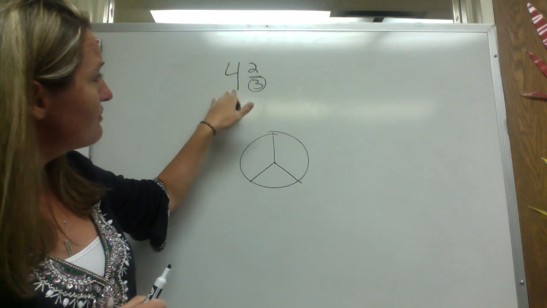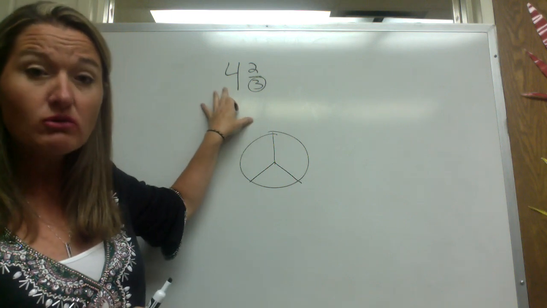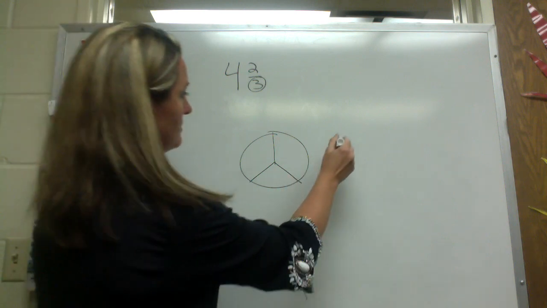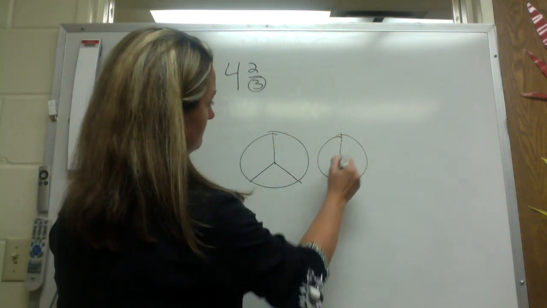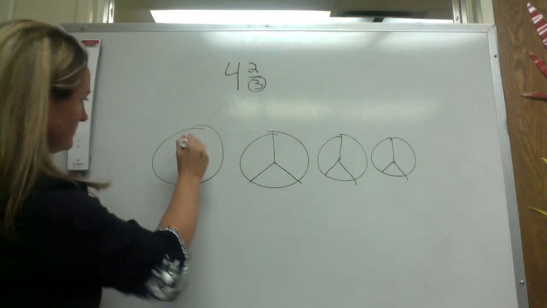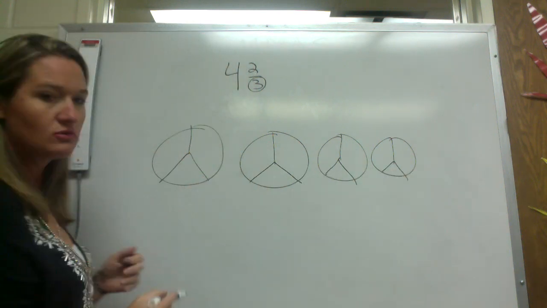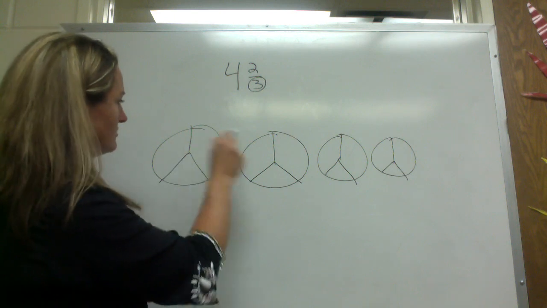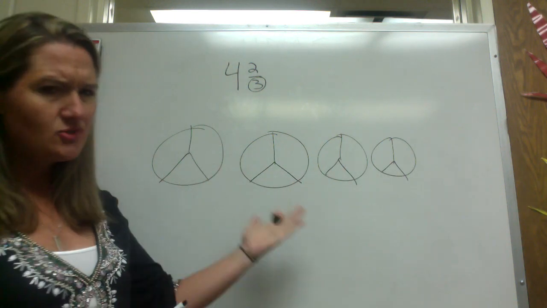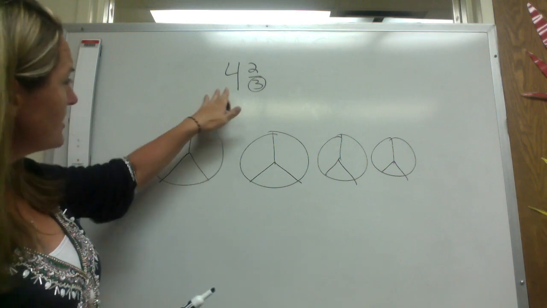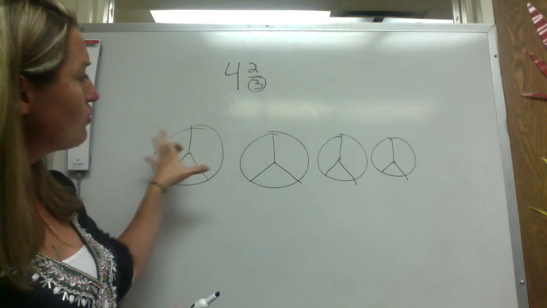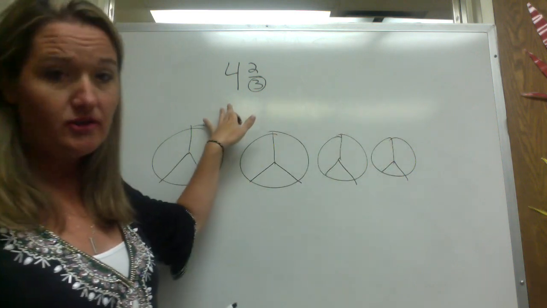If I have 4 wholes already, how many pieces is that? These are my 4 wholes. How many pieces is that? 1, 2, 3, 4, 5, 6, 7, 8, 9, 10, 11, 12. 12. Did I really need to draw all this out and count? No. All I would have to do is multiply 4 times 3. I have 12 pieces in these 4 wholes.